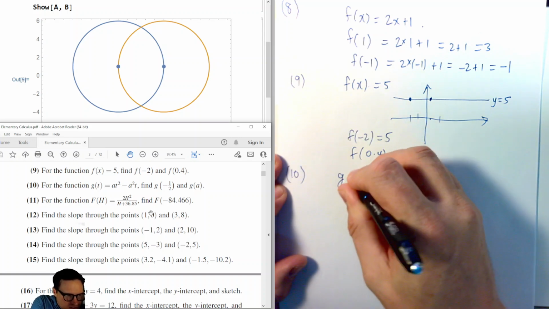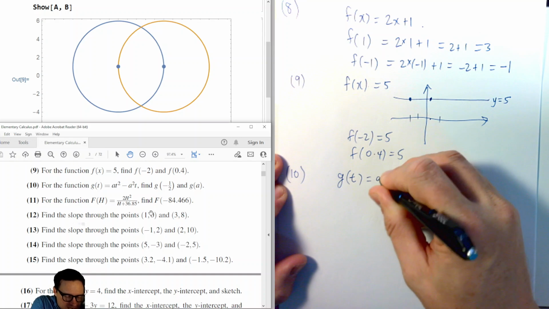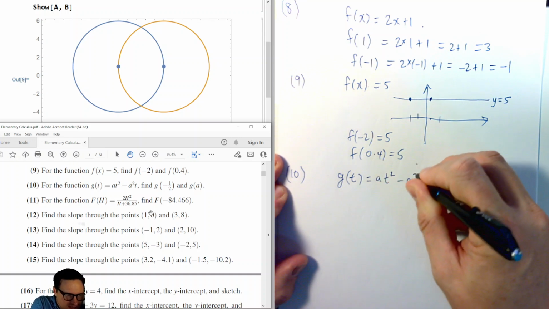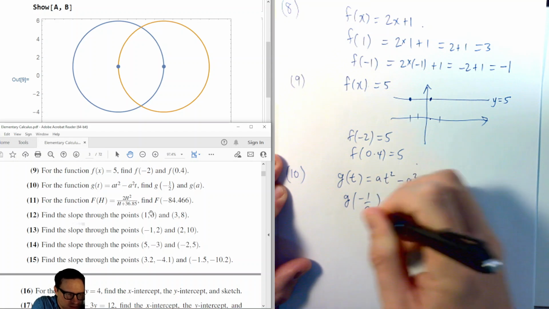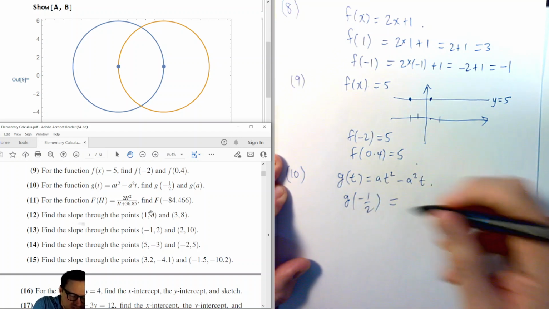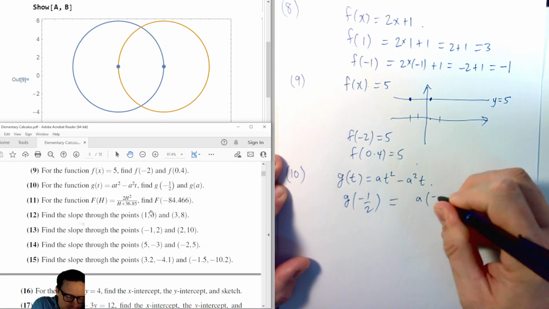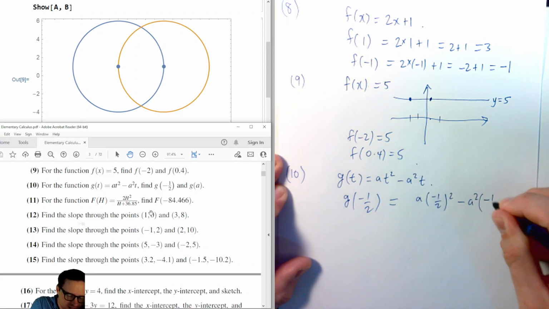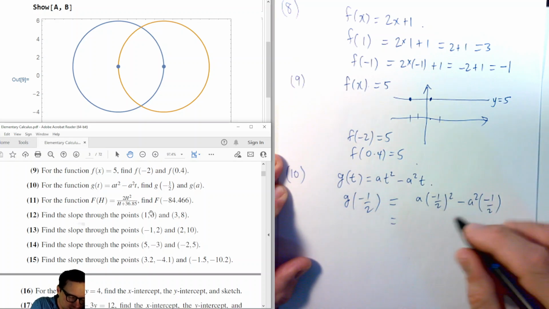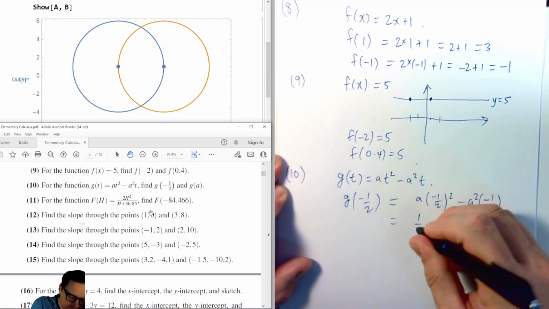Question 10. So we have a function g of t equals a t squared minus a squared t. Find g of minus a half and g of a. So g of minus a half is a times minus 1/2 squared minus a squared times minus a half. And this is 1/4 a.